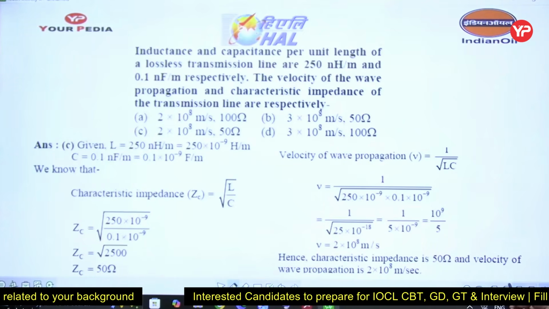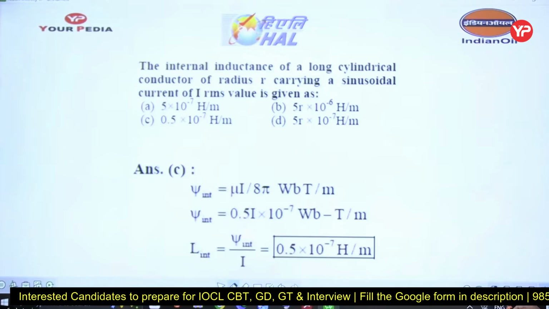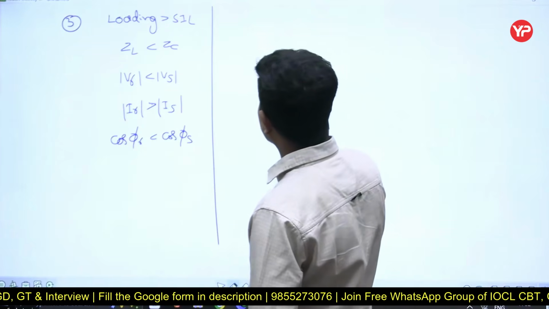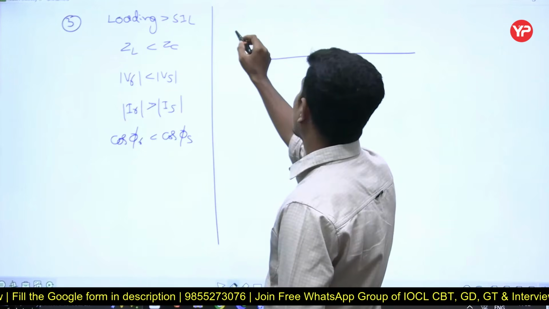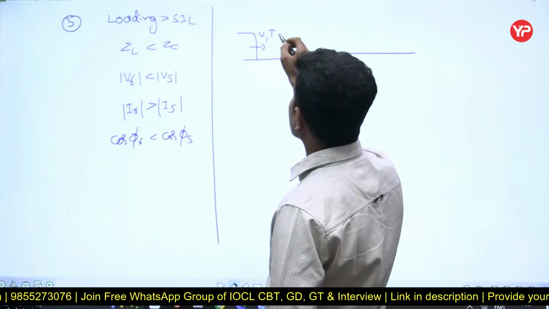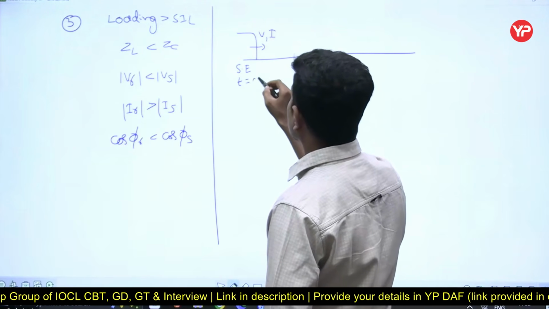Now, velocity of wave propagation. Let's see that, then we go to the question. What is velocity of wave propagation? When we release a wave onto a transmission line, voltage and current waves are released at the sending end side at time t equal to 0.